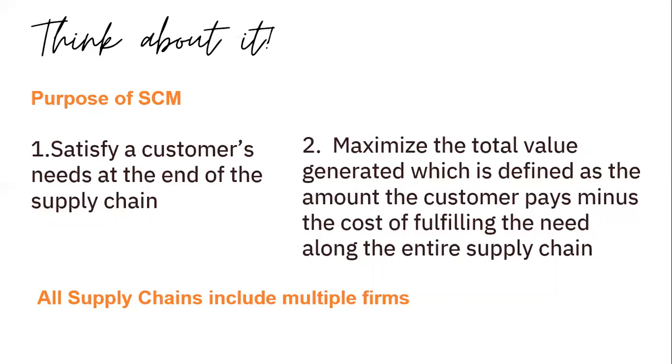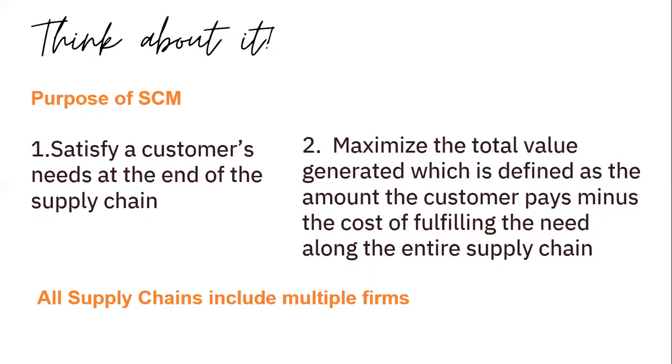So in supply chain management, there is a constant effort to reduce costs, and obviously everybody across the supply chain wants to make profits. So, increase the value or the money being generated across the supply chain and decrease the costs. These are the two purposes: to satisfy the customer's needs and to maximize the total value generated across the supply chain.